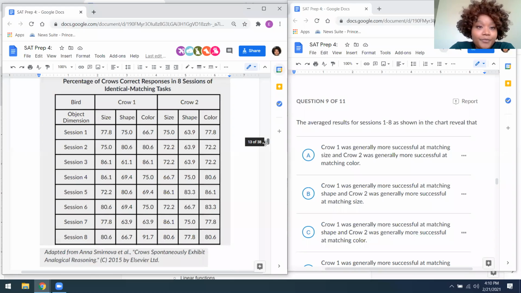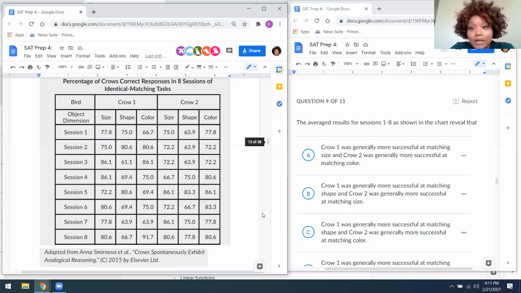So we're getting correct responses, tasks. That's what we know before we start looking at the data. So we have the bird, crow 1, crow 2. Okay, so there are 2 crows. Next, we look at object dimension: size, shape, color, size, shape, color. Okay, so we're judging each crow on how they can identify size, shape, and color. And then we just look at the numbers from there.